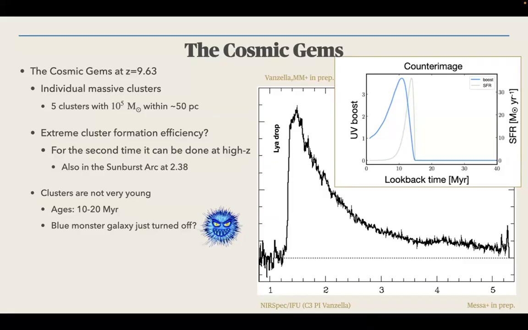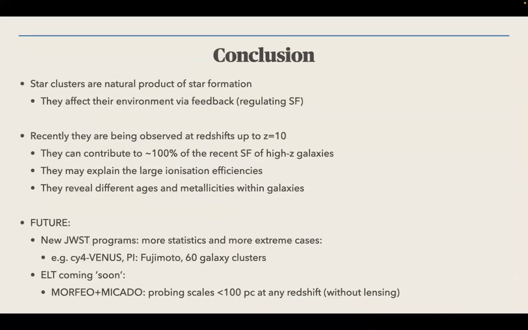So this may be an example of one of the very bright and compact galaxies, sometimes called blue monsters, just after it finished its episode of star formation. This work is ongoing, but again, it's interesting because what remains of these blue monsters are very dense clusters. And these are my conclusions.